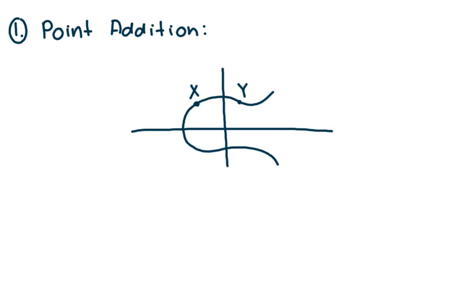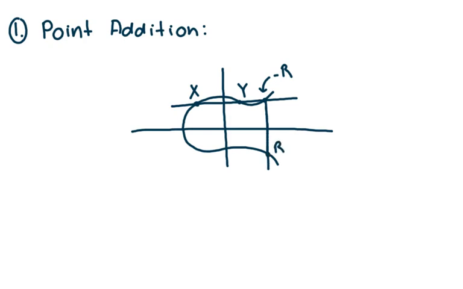If you draw a line between the coordinate points of x and y, the next point that the line hits, if you continue to extend the line, is called negative r. And if you reflect the point negative r across the x-axis, then you arrive at the point r.